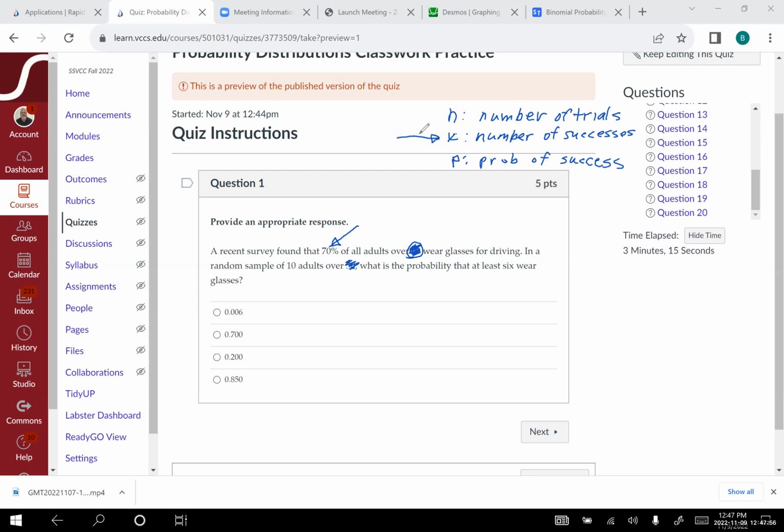In this particular problem, wearing glasses is a success because the problem at the end asks about how many people wear glasses. I know it's not a success that you have to wear glasses, but you can't think of it that way. You think the experiment that we're doing is counting the number of people that wear glasses. So when we find one that wears glasses, that's a successful outcome to our experiment. So the probability of success is our P, and here it is, that's my P.